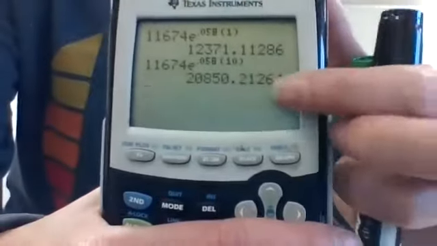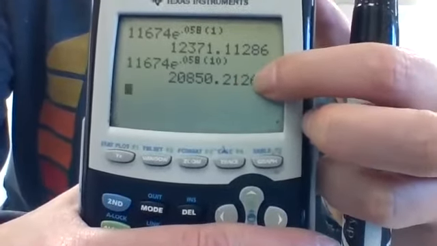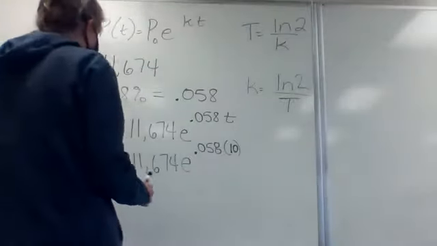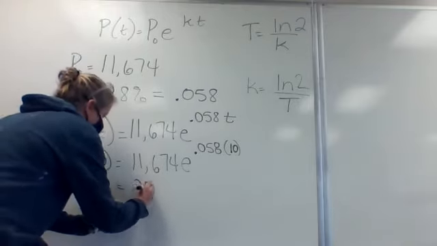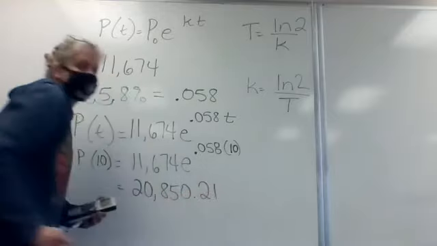Enter, again, rounding to 2 decimals. So after that 21 cents is a 2, so I don't need to round up to 21 cents. So after 10 years, I'll have $20,850.21.